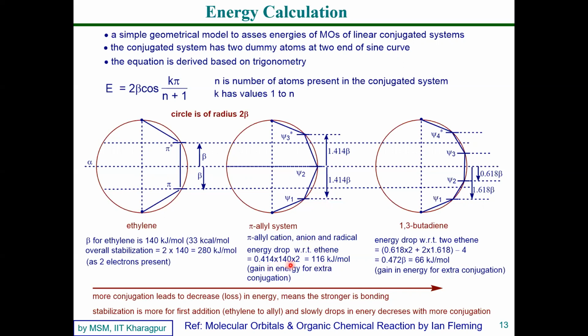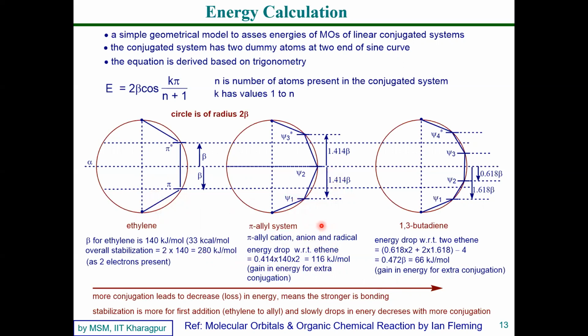It is minus 2, so it is 0.414 times 2, and you have to multiply with 140, so 116 kilojoule. So with respect to ethylene, the total energy is 2.8 times 140, minus 280, so it will be 116 for this pi allyl system with respect to ethylene.